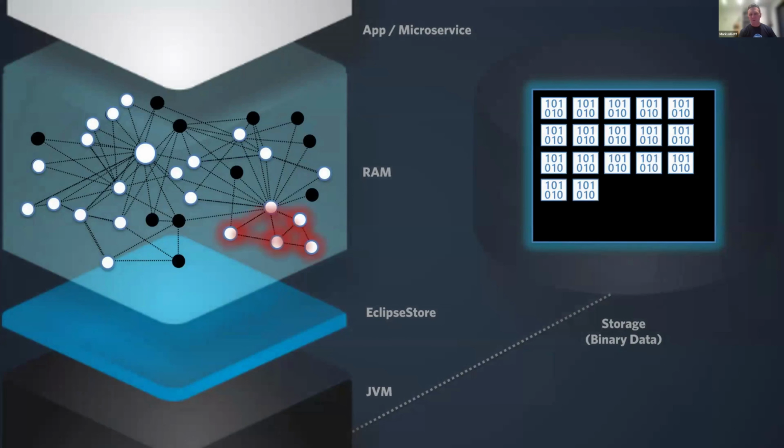If I want to remove an object reference from the object graph, I just have to call the store method again to store the new object reference on disk, and the garbage collector of the JVM will remove the objects from memory, and as soon as you store the object again, it's also removed from the storage.